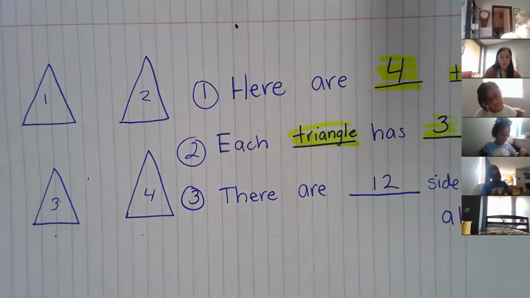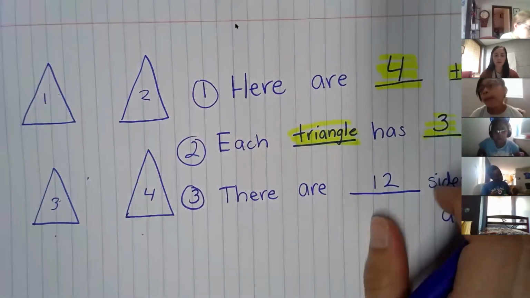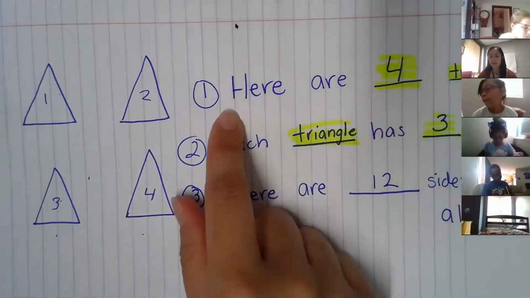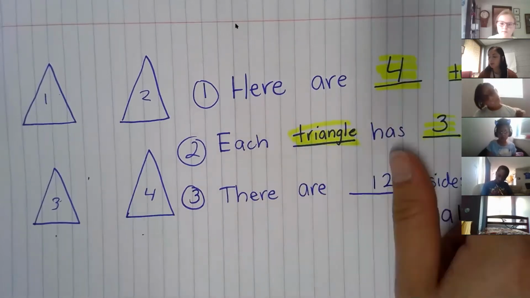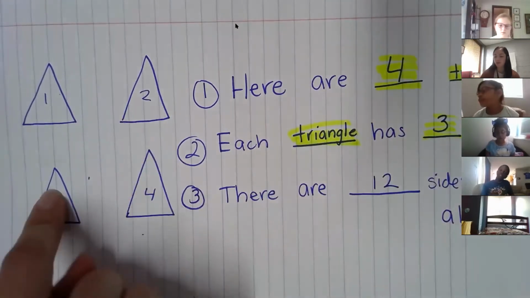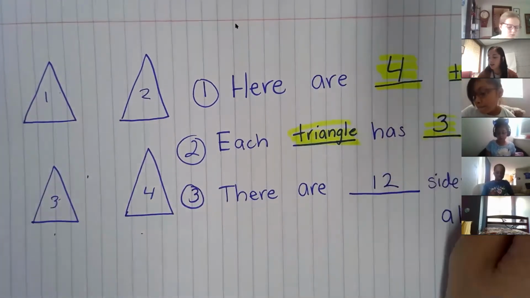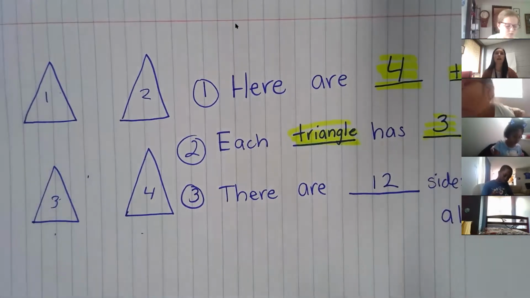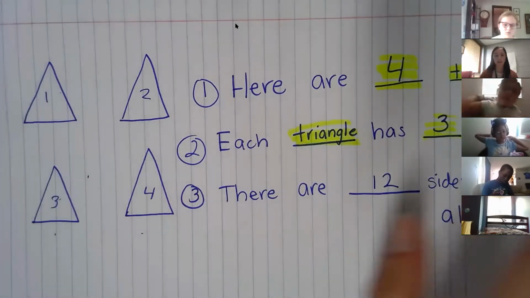Okay. So what we will do is let's go over this real quick one more time. Everyone, look at your sheet of paper or look at my finger. Follow along. So here are 4 triangles. Remember, anything that I have a line under could change, say, if we do one with 4 squares or 2 smiley faces.